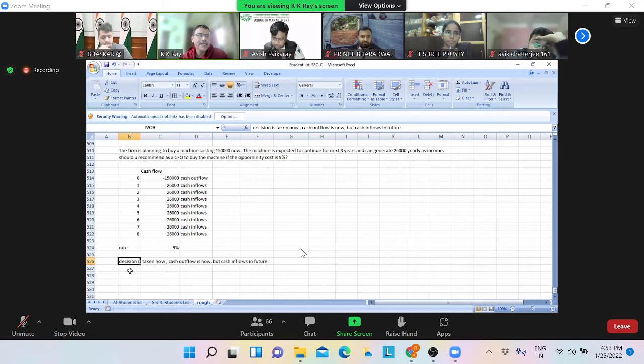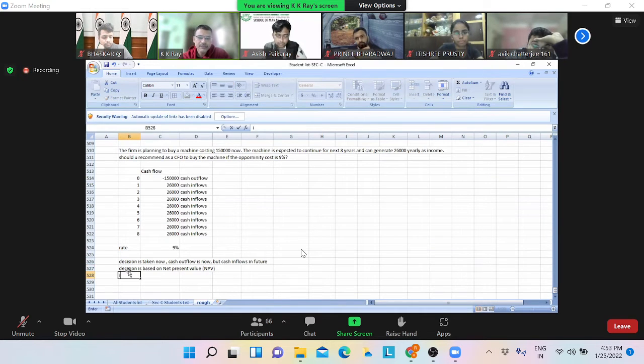So in this case, the decision is based on NPV, net present value. That's called NPV, net present value. If net present value is positive, accept.